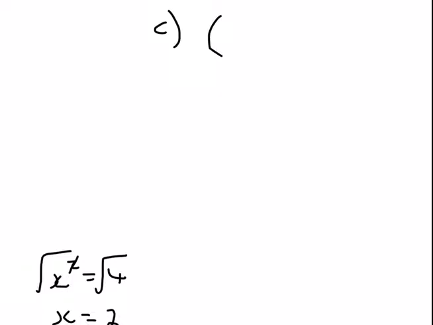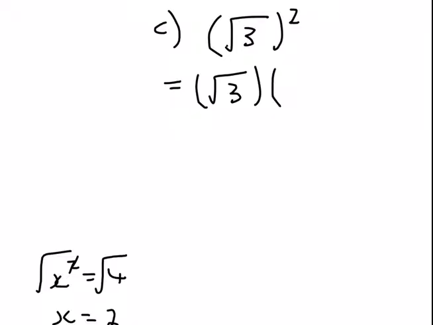Let's say this time around you are given square root of 3, we close that and then we square it. What will that be? I think according to what I've explained, it should actually be just 3, because my understanding is that this means we have 2 of exactly the same thing.